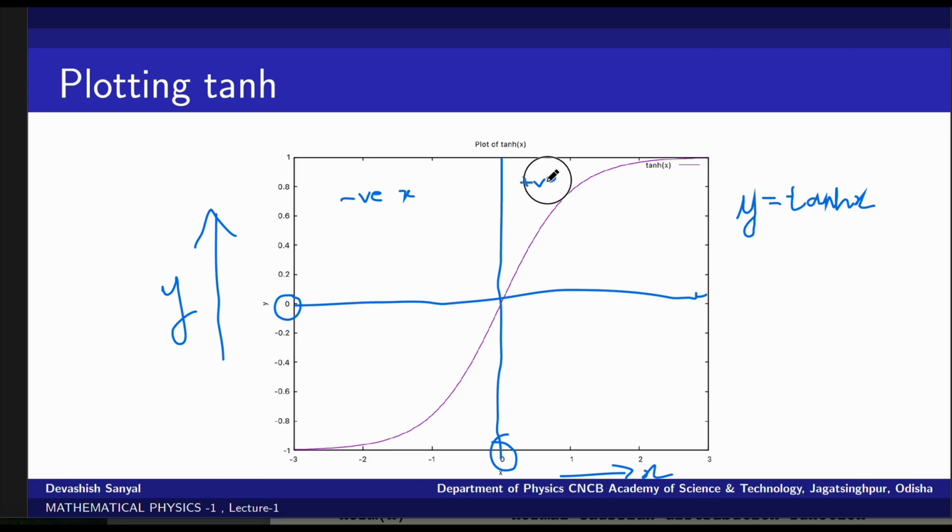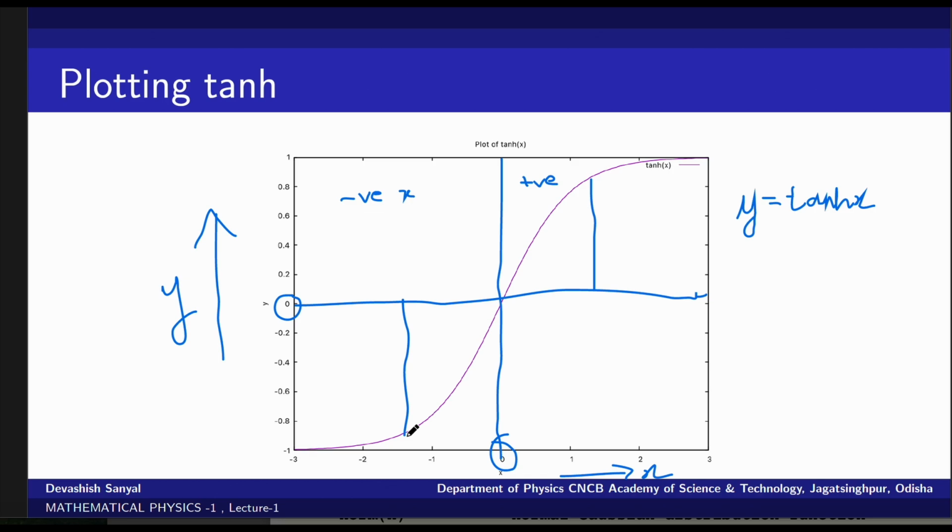If we know the nature of the plot on the positive x, we can deduce the nature of the plot on the negative x. It will just be the opposite, because for this x, this is the value. For its negative counterpart, which will be say somewhere here, the value will be negative. That is, it will be in the other direction.